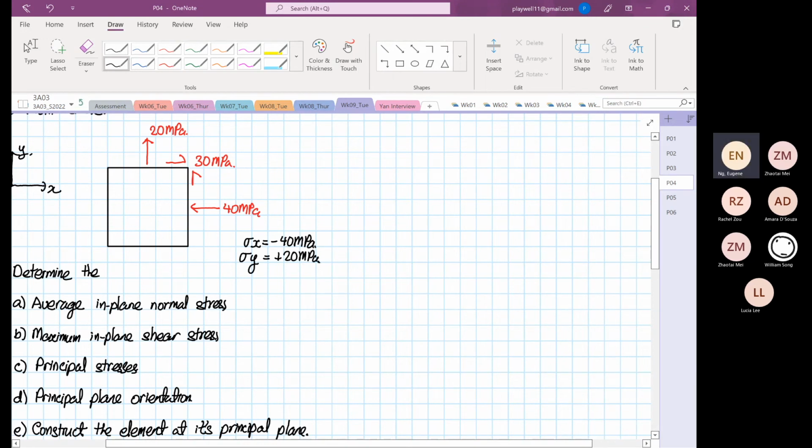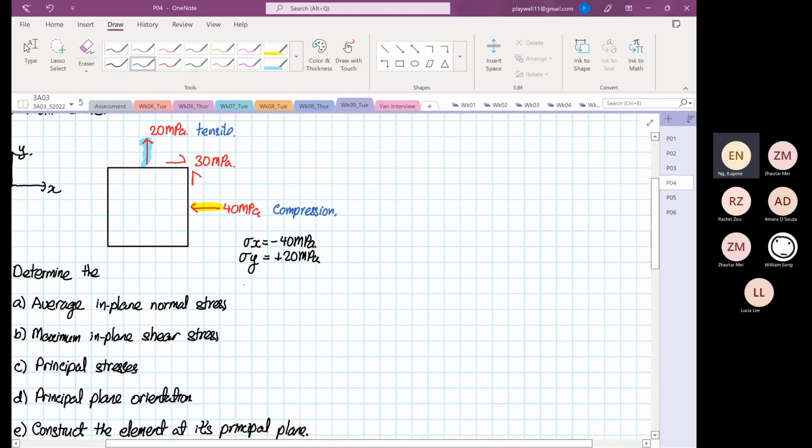What you can see over here, if the arrow is pointing towards the element, this is what we call compression. And when it's pointing away, like in this case, it is going to be in tension, away from the surface, as you can see now.